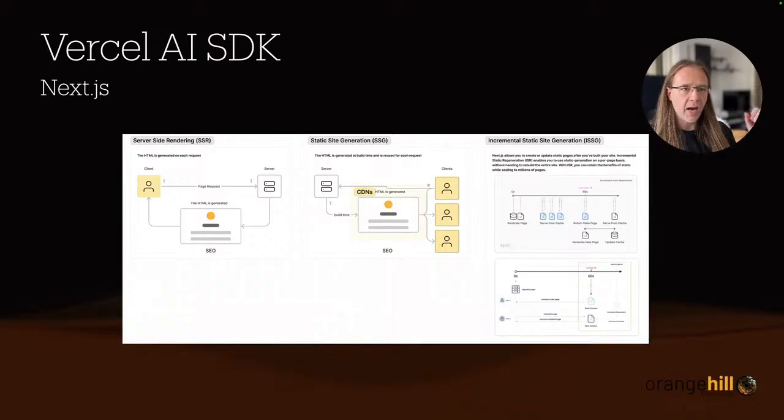That's where ISSG comes in, the incremental static site generation concept, which basically generates the pages on the fly for the first user, and then it caches it, and then the second or any other subsequent user that comes to your website will get the cached version.